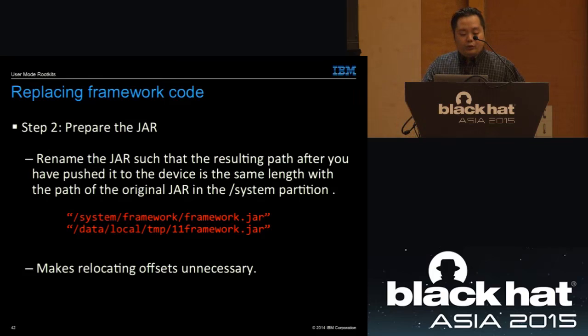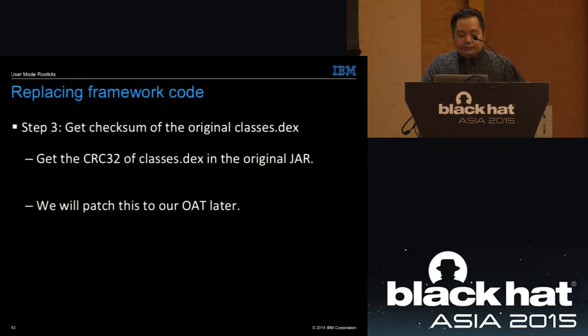So we need to make it the same length so we can just patch it later on as is. And then we should also get the checksum of the original classes.dex, which we will also patch into the auth file later.